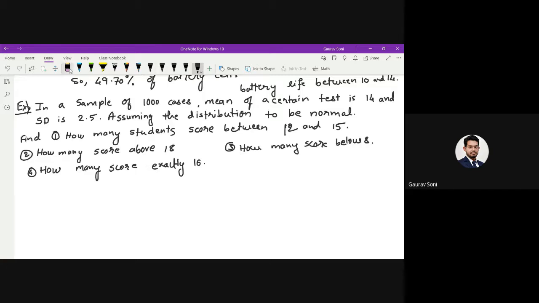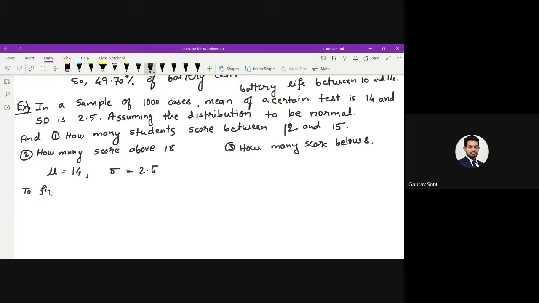Okay, let's just drop this last one. Let's not talk about this. That is an ambiguous question. Yes, mu is 14, sigma is 2.5.